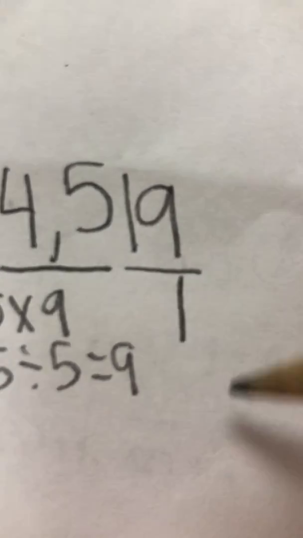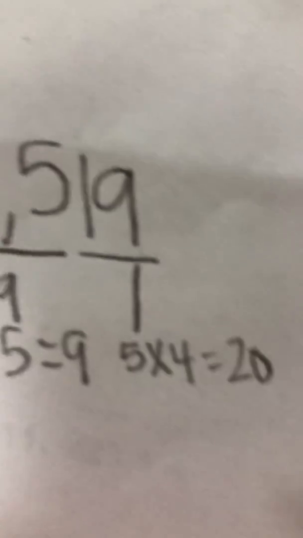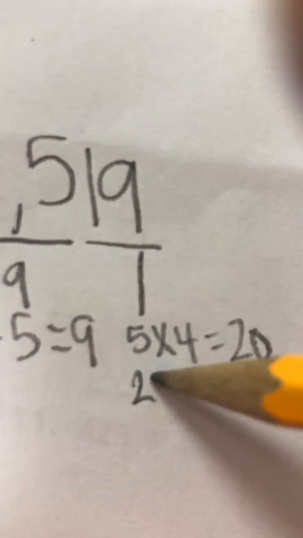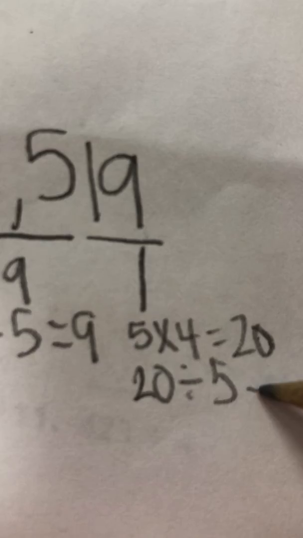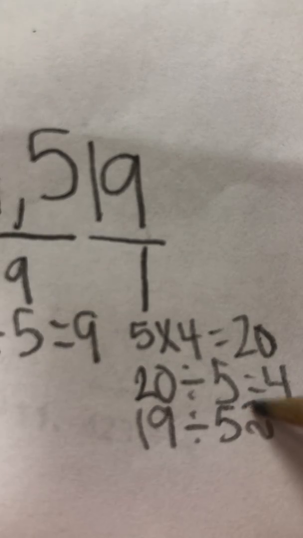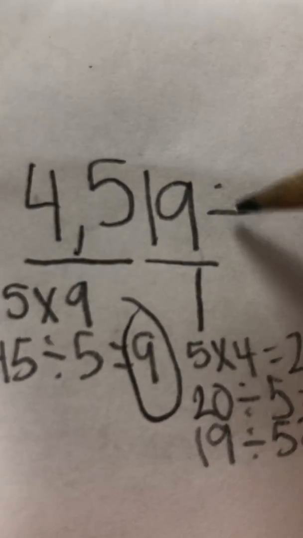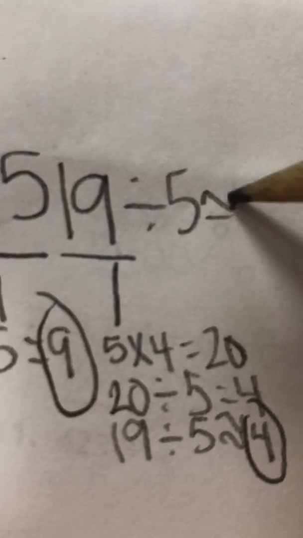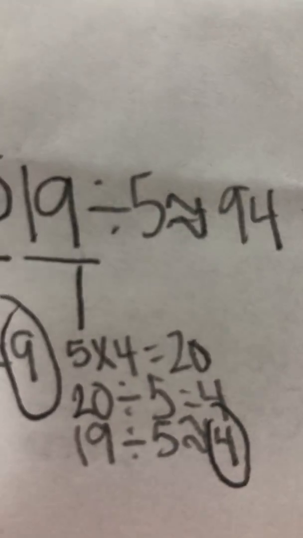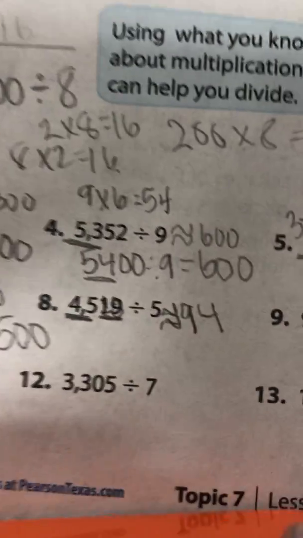If I round this 19 up to 20, 5 times 4 equals 20. So that means 20 divided by 5 equals 4, or 19 divided by 5 is around 4. If I put those two digits together, 4,519 divided by 5 is about 94. Is that the same answer I got on my paper? Yes.